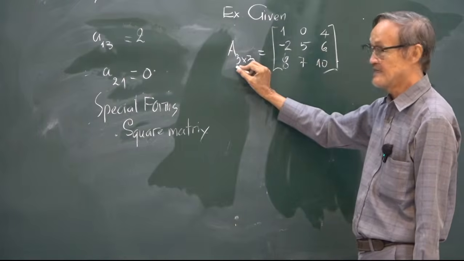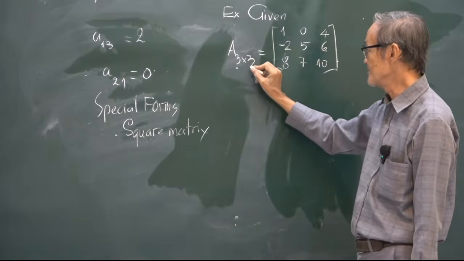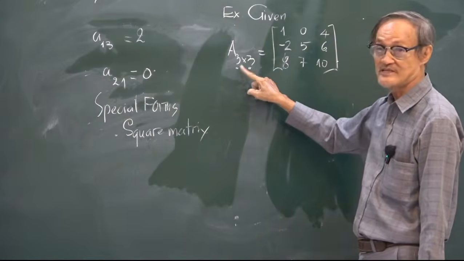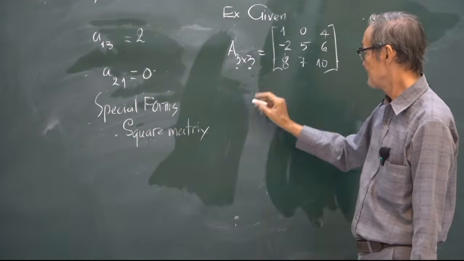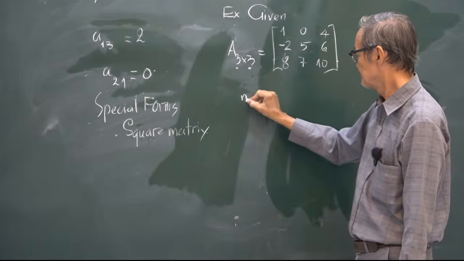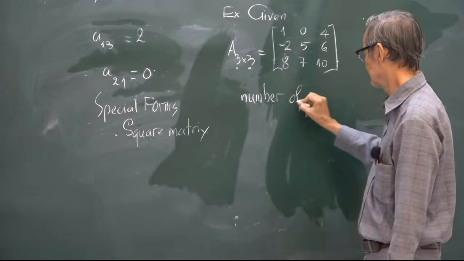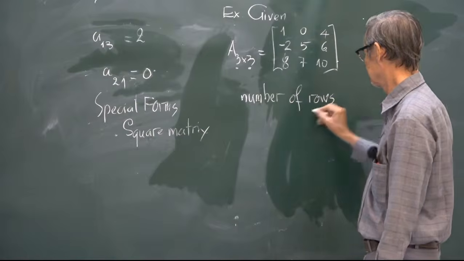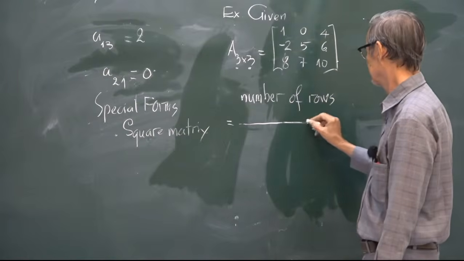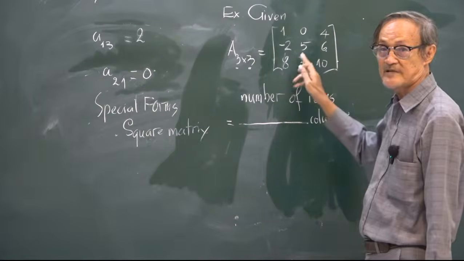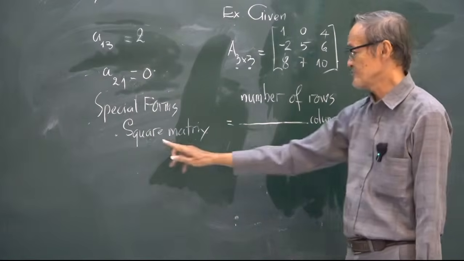You know that the number of rows equals the number of columns. This matrix is called square.